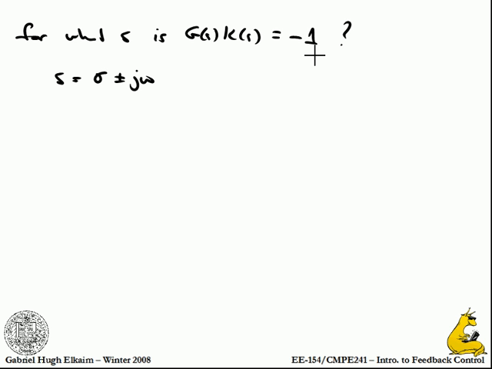What does it mean that it's minus 1? What is minus 1? Well, that's j squared. Well, there is that. That is a tautology. If I've got g of s, let's assume for now that k is just a constant, right? So if I've got g of s evaluated at s equals sigma plus or minus j omega, what am I going to get out of this? What did I get before when I did this?